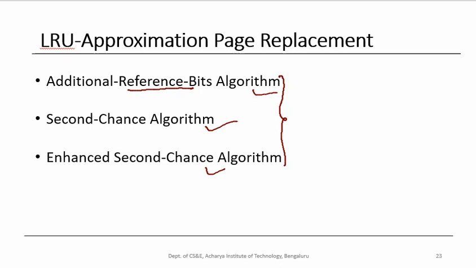It is an additional entry attached to every page entry present in the page table. If you look at the page table, you know that the first field is the frame number, which tells us where the page is actually present in the main memory.